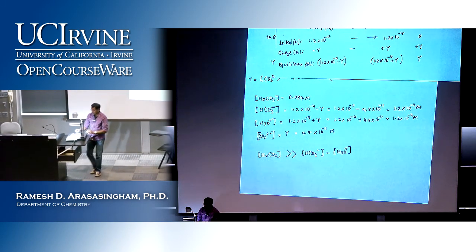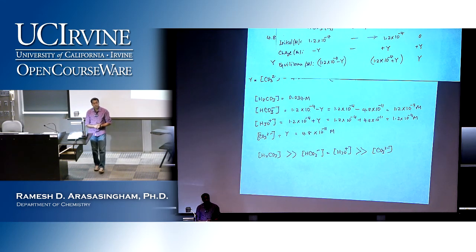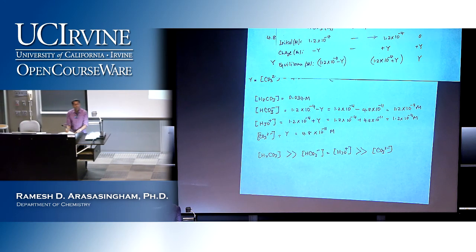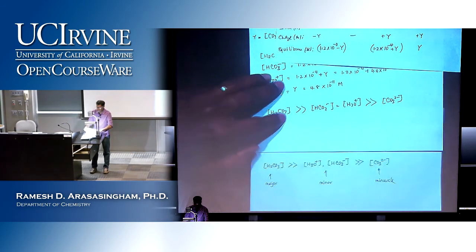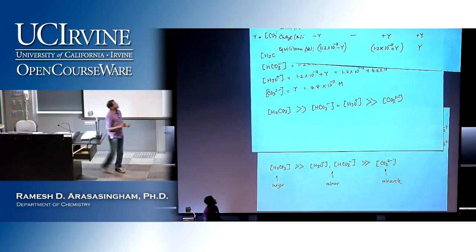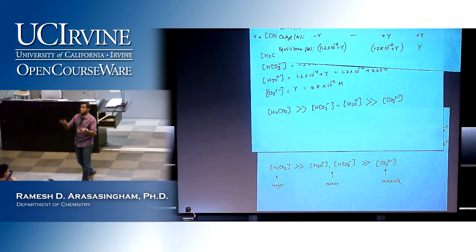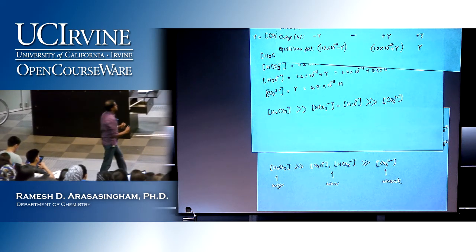And then this will be much larger than the carbonate ion concentration. And remember, that was what we started off with. If you compare it to the assumption that we made at the beginning, just based on the equilibrium constant, you can see that these concentrations that we calculated fall within that same range as well.